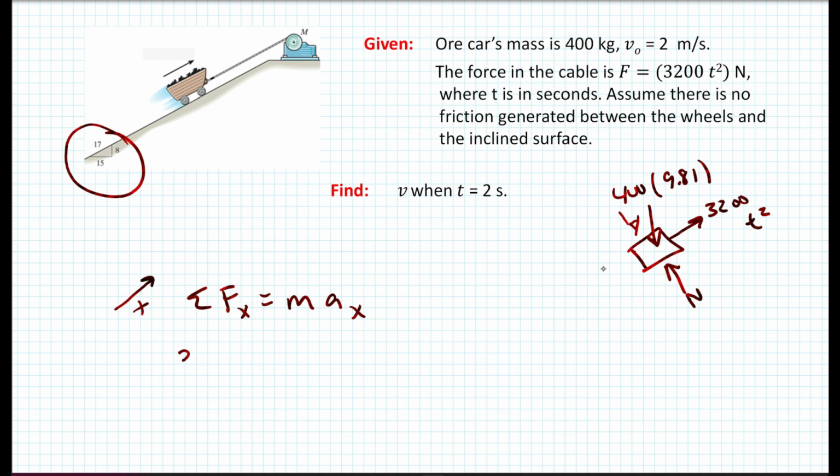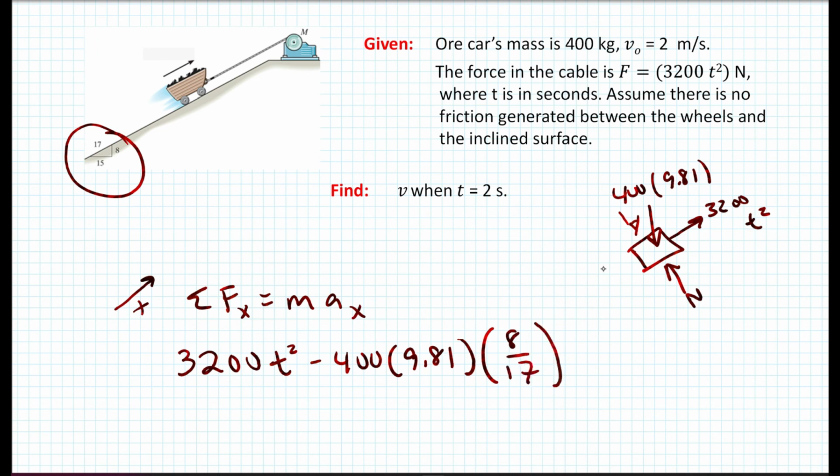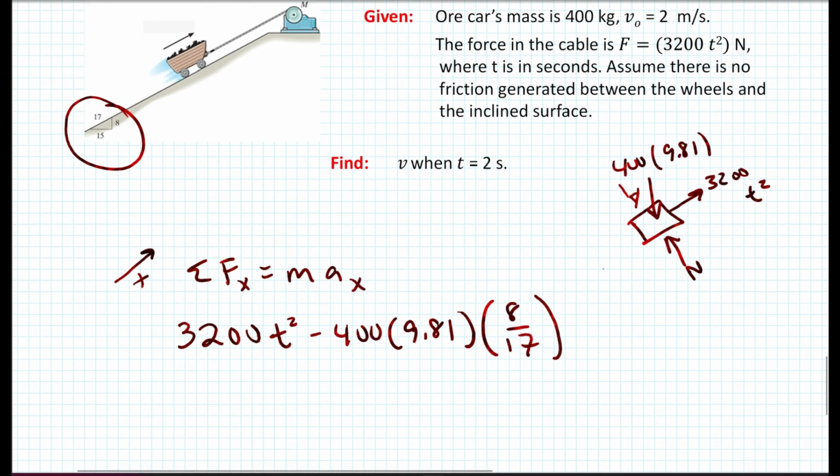So that makes it 3200 t squared minus 400 times 9.81, and that's times 8 over 17. And you see how some of these problems give you the degree measurement of the angle, or sometimes they'll give you the special triangle, and you have to use that. So that's equal to 400 a.